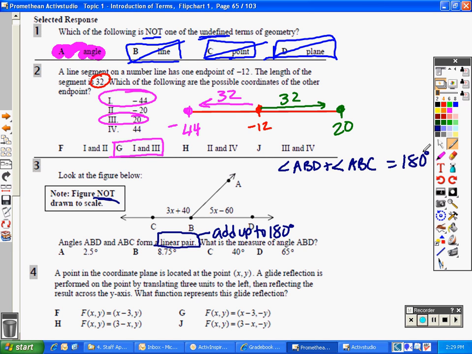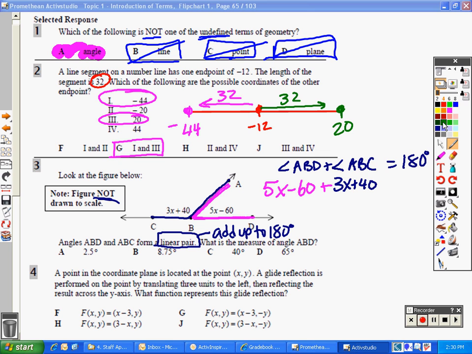Okay, so we're going to fill in what we have. 3x plus 40, that's what ABC is, plus ABD, which is 5x minus 60. If we add those two together, we're going to get the whole thing, which is 180 degrees.